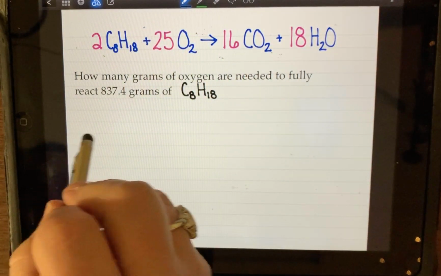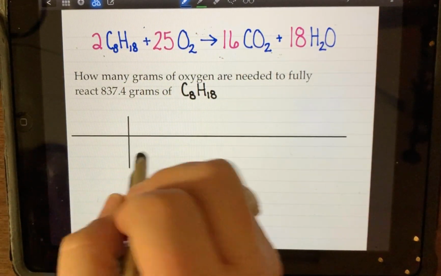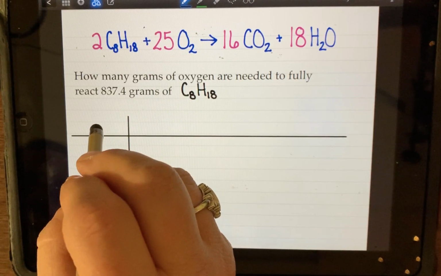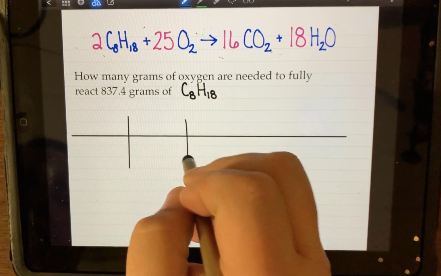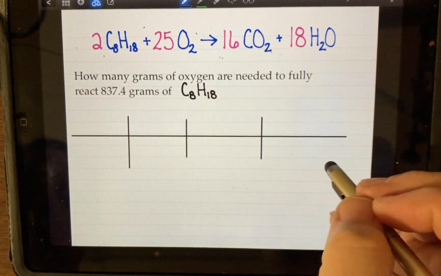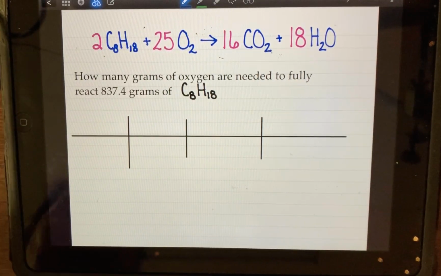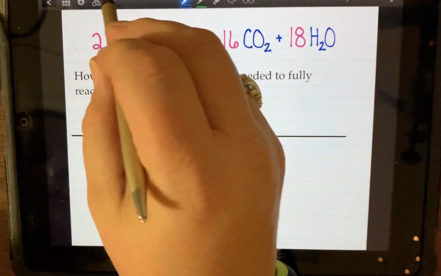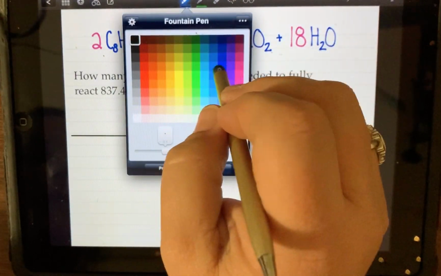So again, first step, here come my railroad tracks. I'm going to go from grams to moles, moles to moles, and then moles to grams. Let's rock and roll on this.